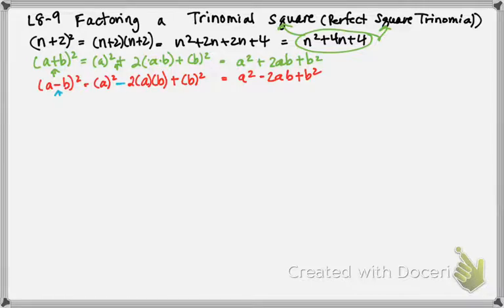So now what we need to do is we're going to try to factor a trinomial square, but in order to factor it, we need to see if it is a trinomial square. So how to factor a trinomial square.